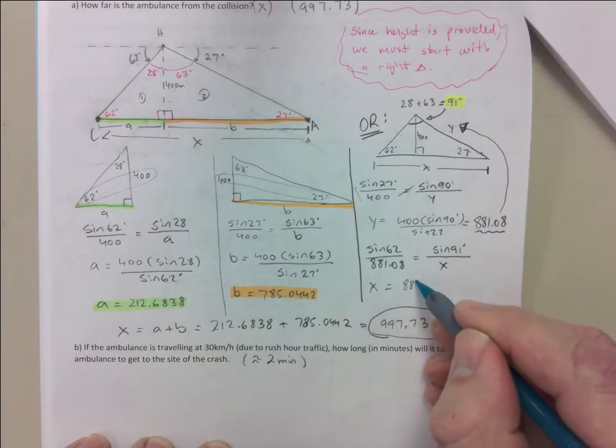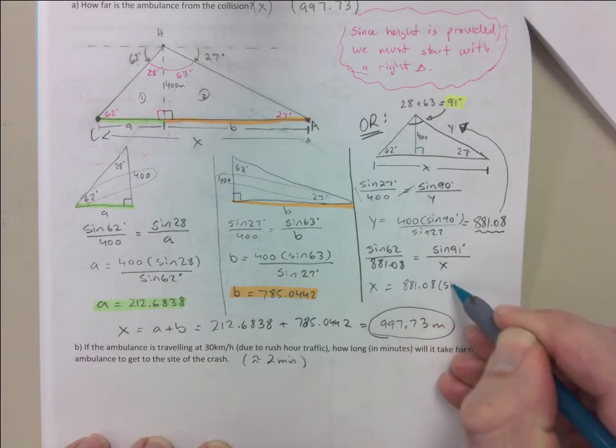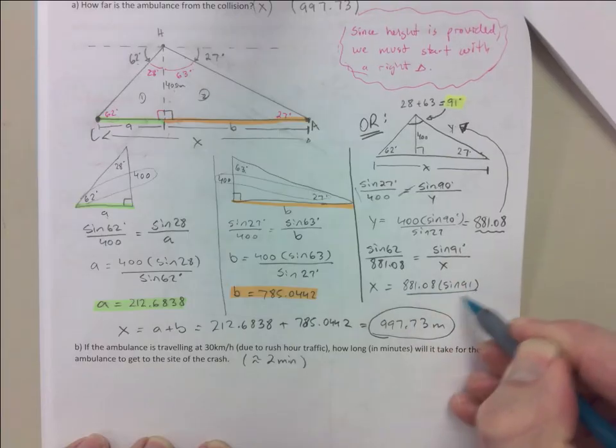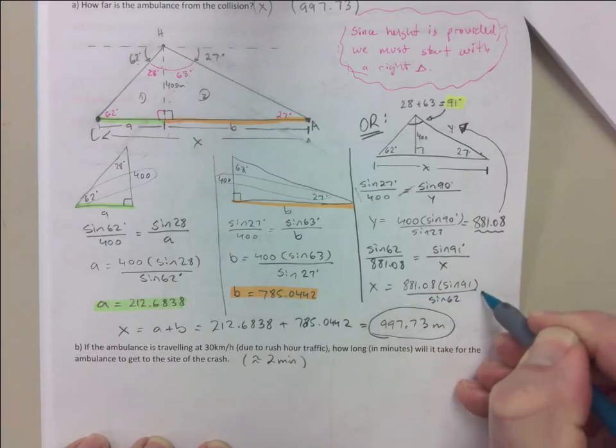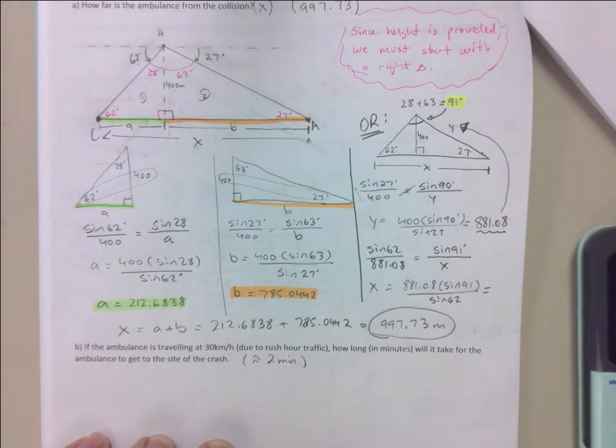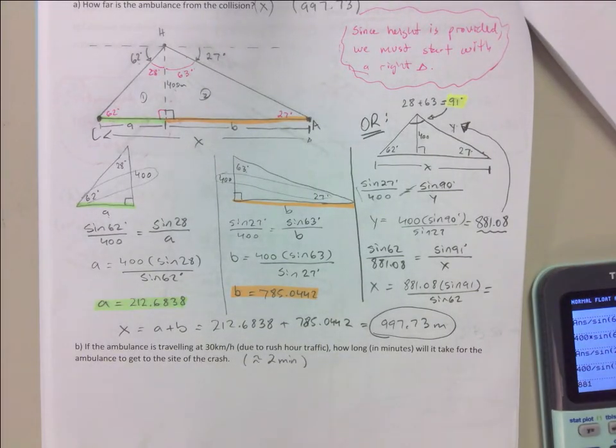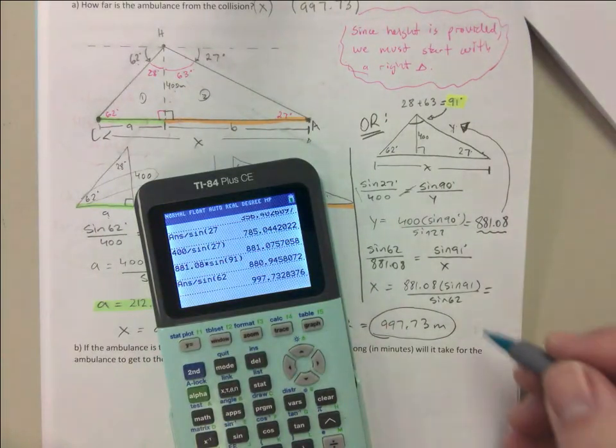So it's 88108 times sine of 91 divided by sine of 62. I hope this works. Otherwise, we're in trouble. There we go. You get the same answer.